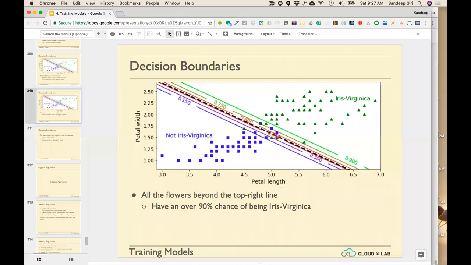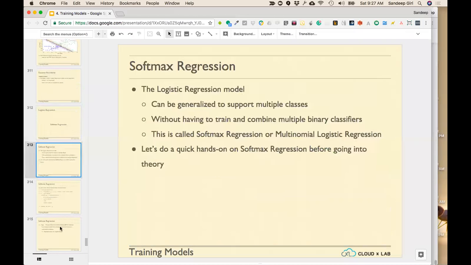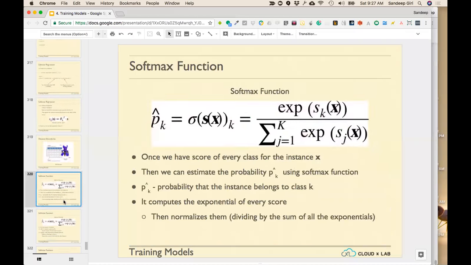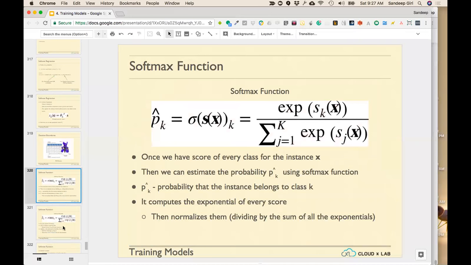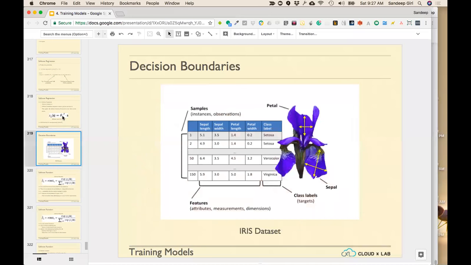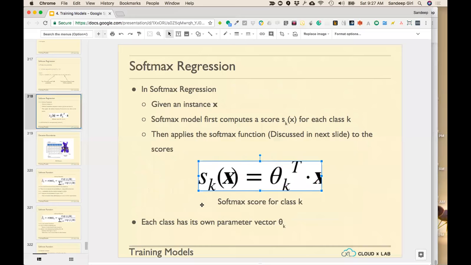A question from Kamal: the softmax model first computes the score, s_k, for each of the class k, correct? Okay, this is the s_k. It is not the sigmoid function.